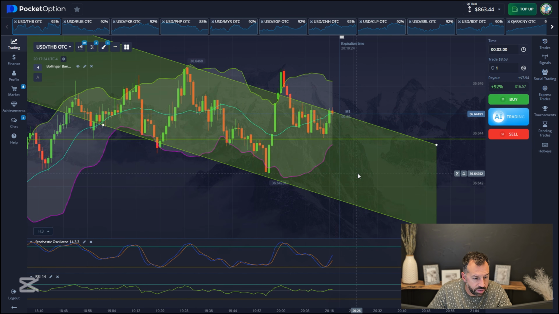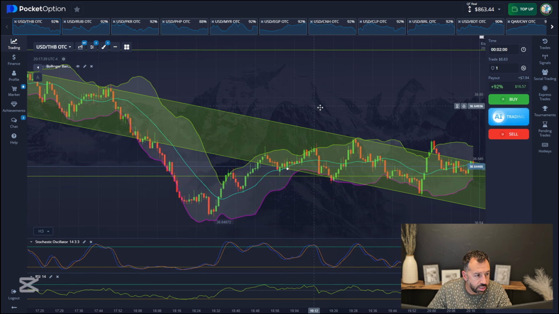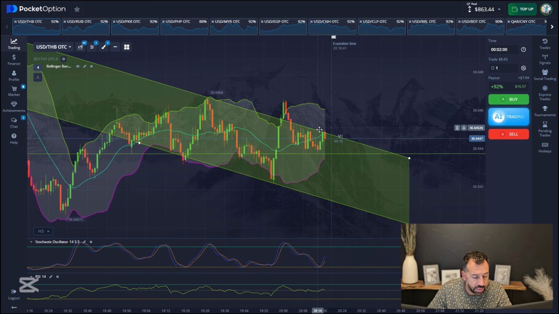Here you can see that the stochastics has crossed over the red with a really strong upward movement. We have touched the top of our trend line, a parallel trend line.